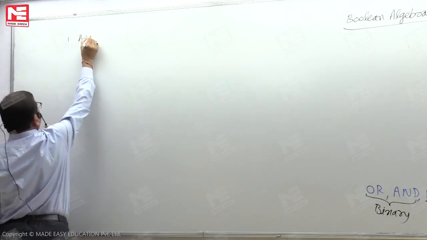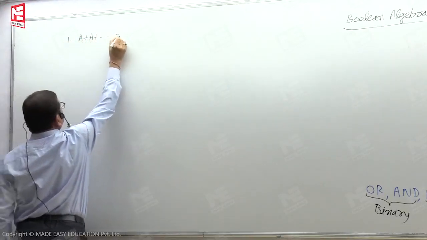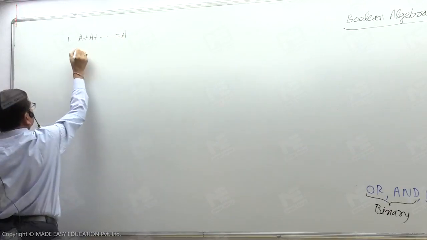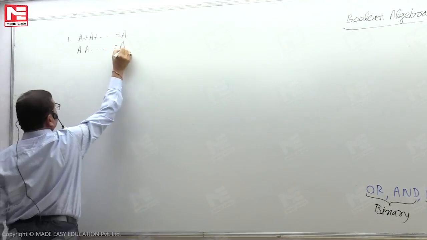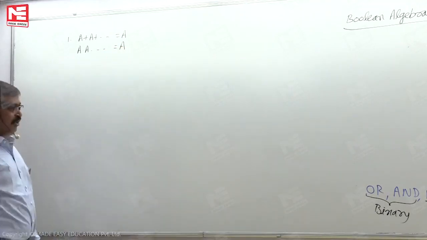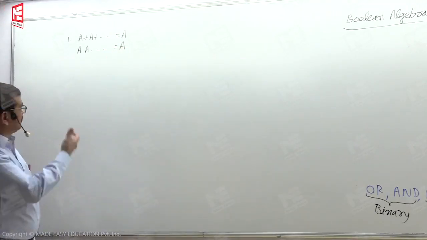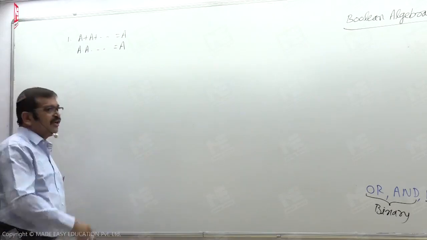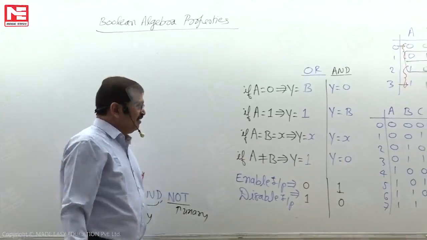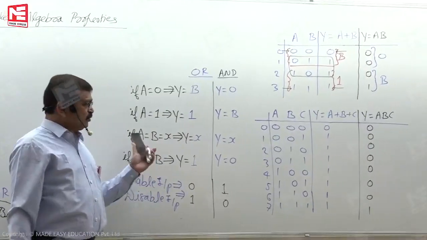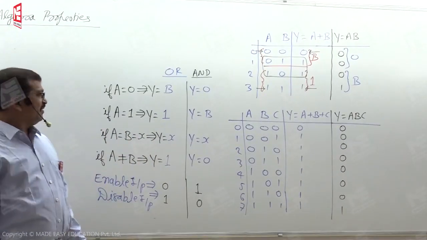A OR with A any number of times is A. Similarly, A AND with A any number of times is A. We can understand how we are writing this by looking at the truth tables or the listing we have here.